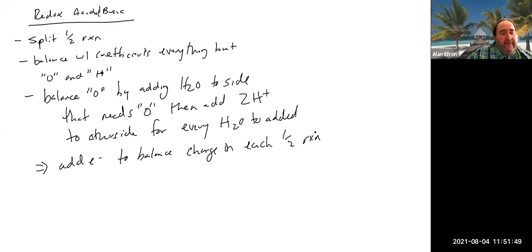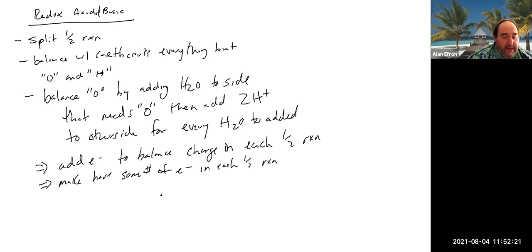And remember, by identifying what is being oxidized and what is being reduced, you'll know which side you should be adding the electrons. If it's an oxidation half reaction, electrons should be added to the product side. If it's a reduction half reaction, the electrons should be added to the reactant side. Once you've got your electrons added, you want to make sure you have the same number of electrons in each half reaction.